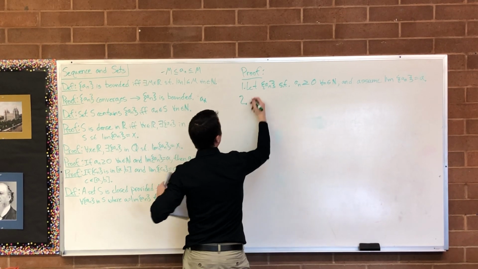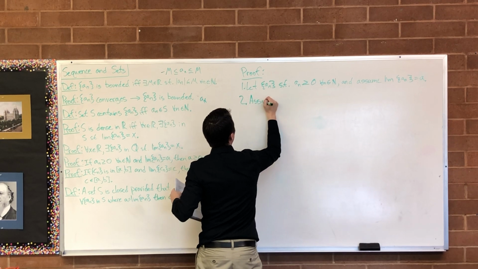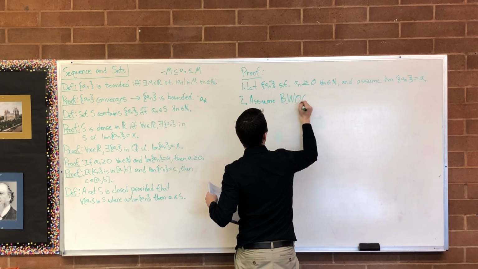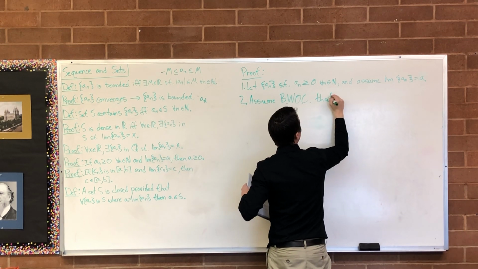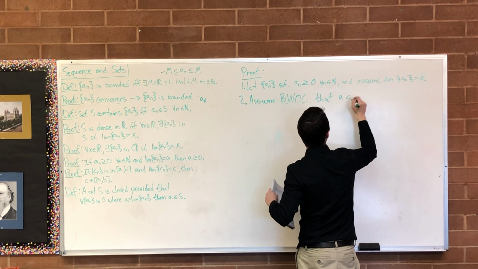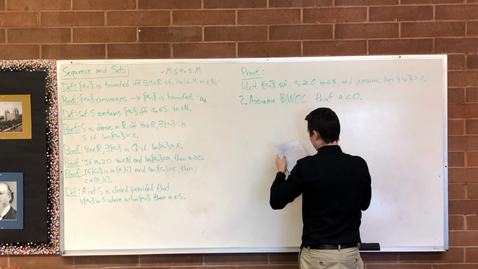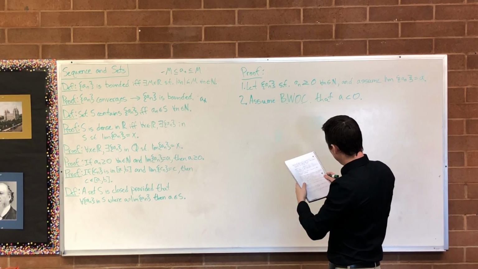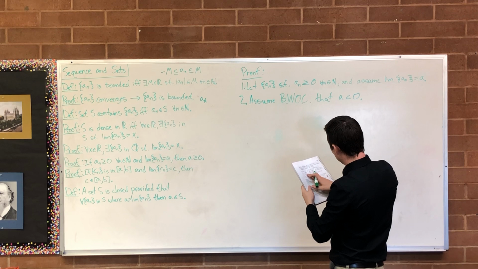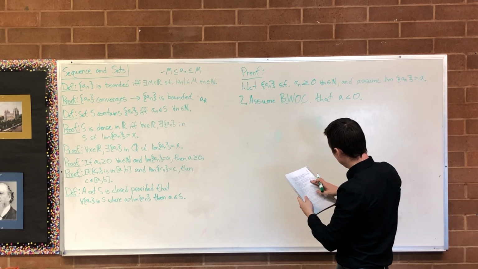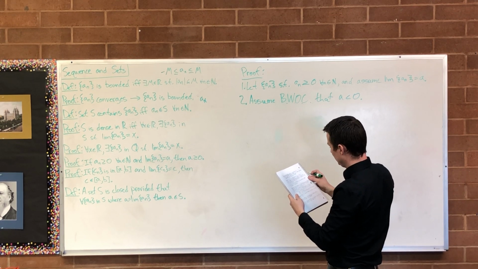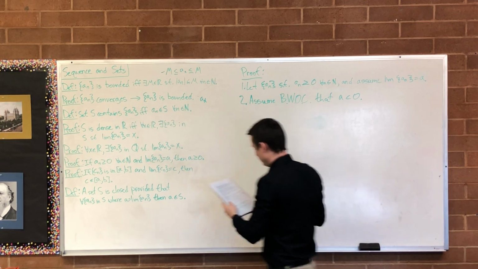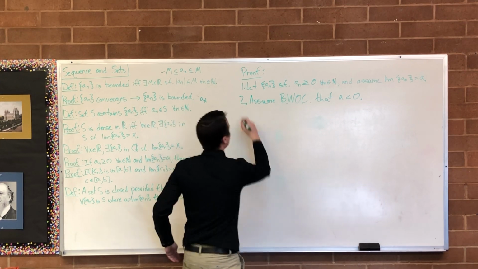Assume by way of contradiction that A is less than 0. Then that would be less than A halves, so it's just N such that that is less than A halves. Well, we'll just see where it goes.